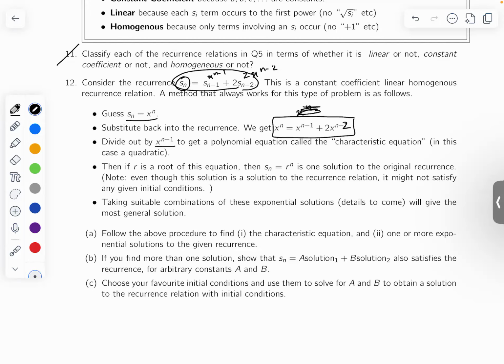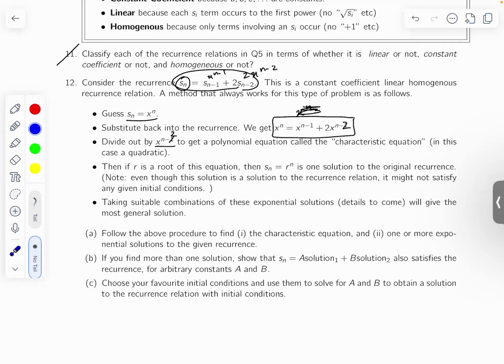Not n minus 1, that's a typo, n minus 2. This gives the polynomial equation called the characteristic equation, in this case quadratic.